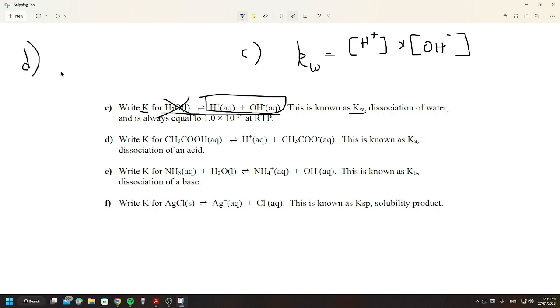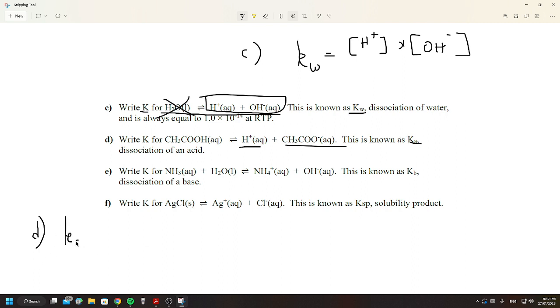Part D. Write down the expression for Ka. So here we have aqueous, aqueous, aqueous, so we consider all of these. I'll write this down somewhere else because it might need more space. So products over reactants, and here we don't have any reactants. It's the dissociation of an acid, Ka.